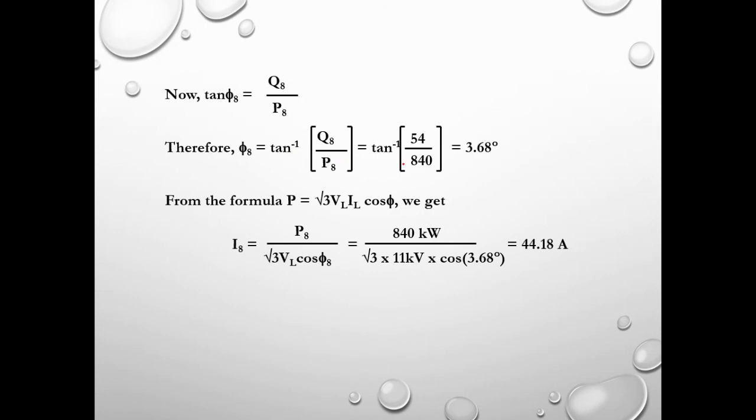Taking the arctangent, we get the new angle, which is 3.68 degrees. Then I8 equals P8 over square root 3 VL cos theta 8. So 880 from here into here, the new theta, as well as the line voltage, which is the rating voltage at the bus bar, operating at 11 kV. So now the line current I8 is 44.18 ampere.